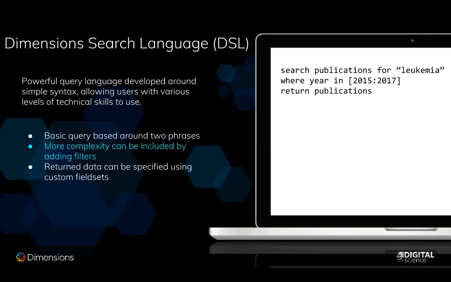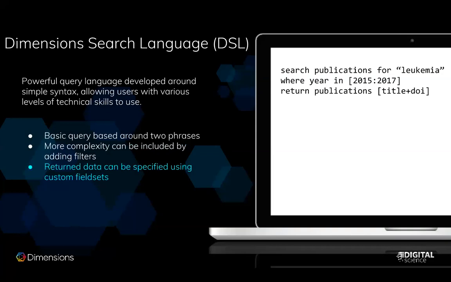You can add more complexity by including filters for your search query. So if I want to not only search publications, but I want to search them for a specific term, I can do that. I can say I want to filter out everything except for content published between 2015 and 2017, and give me back all the data you have for that particular search query.